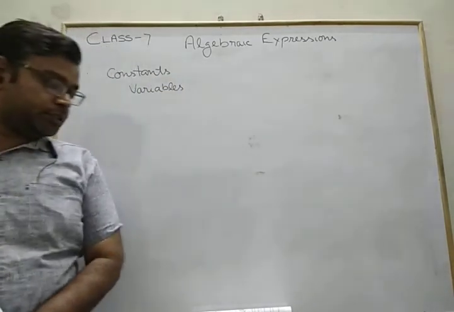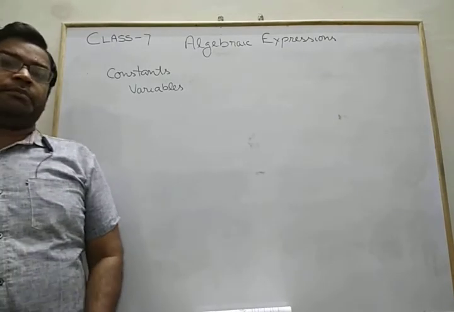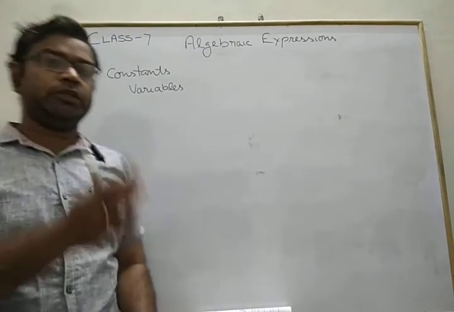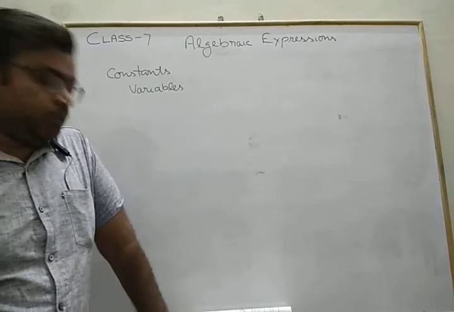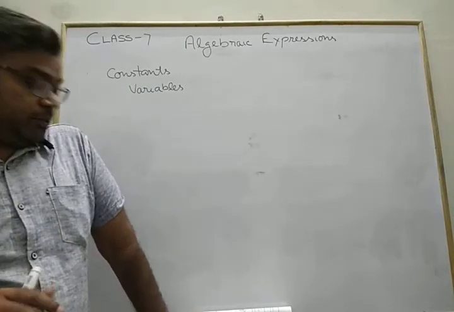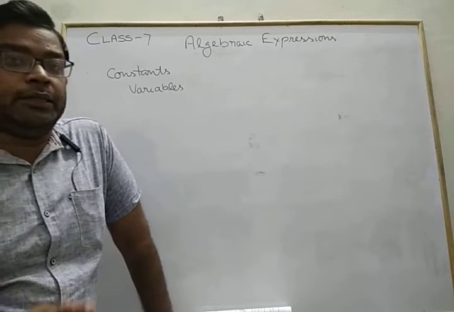What are constants? In maths, whether it's 1, 0, all these are known as symbols. Any symbol in algebra or mathematics having a fixed numerical value is known as a constant.